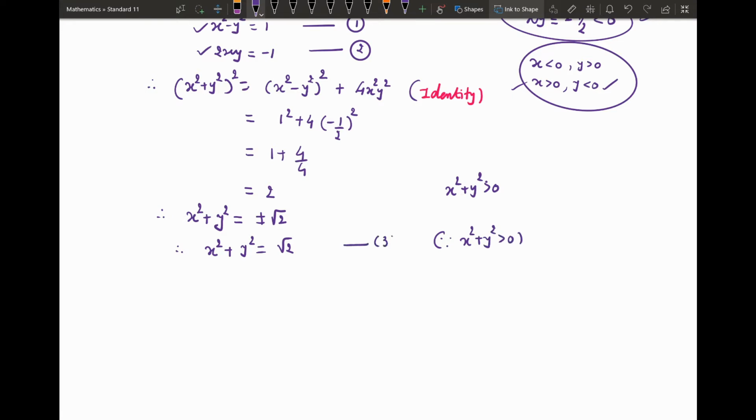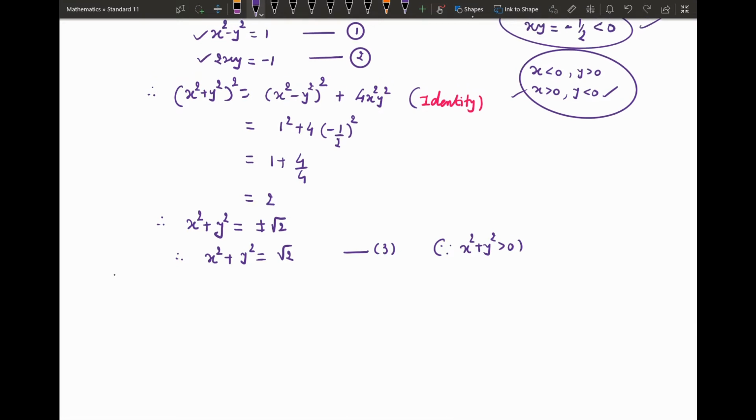Say equation number 3. So now equation 1 is x square minus y square equals 1, and equation 3 is x square plus y square equals root 2. Therefore equation 1 plus equation 3 gives, when we add these two equations, x square plus x square, 2x square, equals root 2 plus 1.